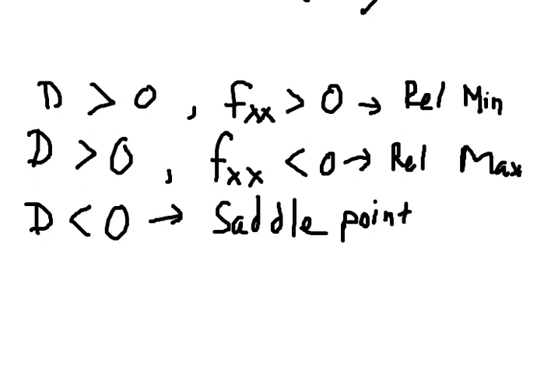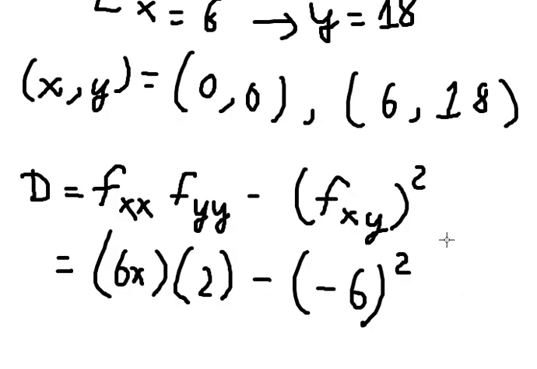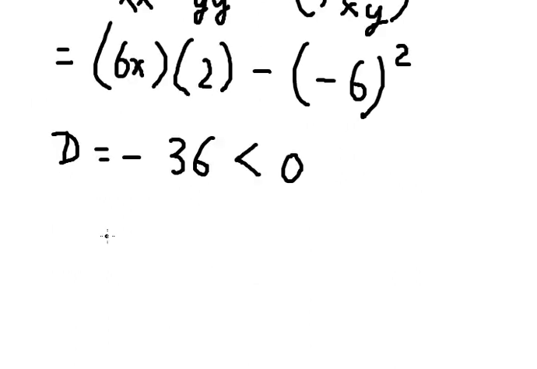So we can apply the formula in here. So for the first point, if we put number 0 here, this one D equals to negative 36, smaller than number 0. So this one that is a saddle point.